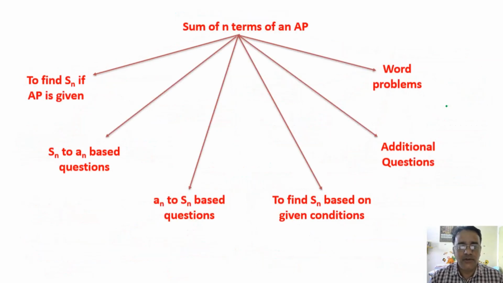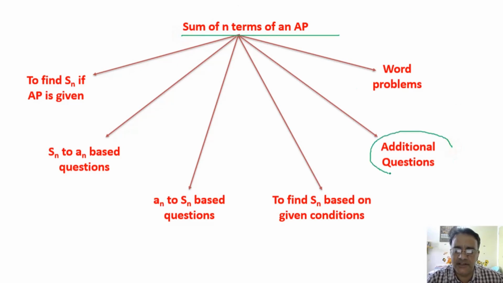Okay, so let us have a glance of different types of questions in a sum of n terms. Additional problems, it is a vast different types of questions will come under here. I will explain you one by one just now. एक मिनट, यहाँ पे Sn के formula में Sn is equal to n by 2 into 2a plus n minus 1 into d. So what parameters are there? Sn, a, d, n, or one more parameter we can take, the nth term.